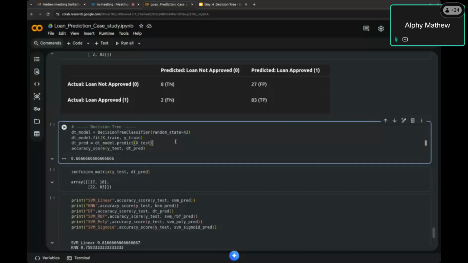You may be wondering, why does the result change every time when the data is the same? That is because decision trees involve randomness inside the algorithm. Let me explain in a simple way. A decision tree has to choose which feature to split on, or which is the important feature. Sometimes two splits look equally good.